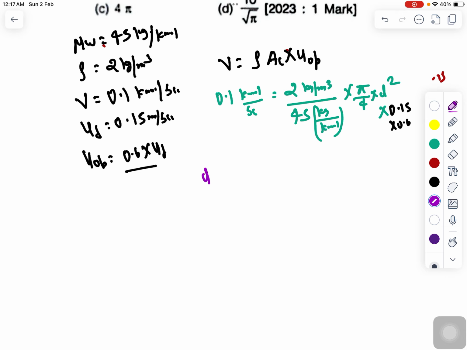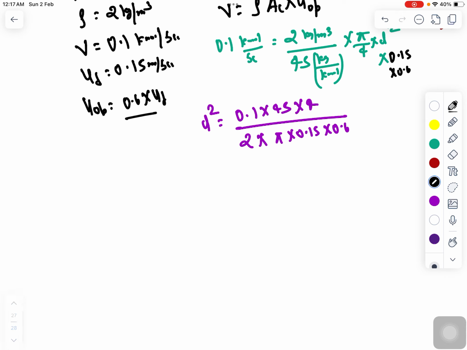If I want to calculate the value of d square from here, I can write 0.1 into 45 into 4 divided by 2 multiplied with pi into 0.15 into 0.6. Is that clear? This is just a simple calculation now. So d square equals 45 into 4 into 100 divided by 2 into pi into 15 into 6.